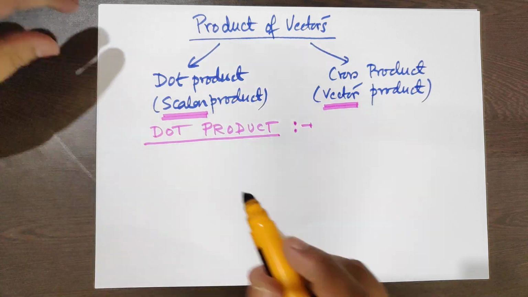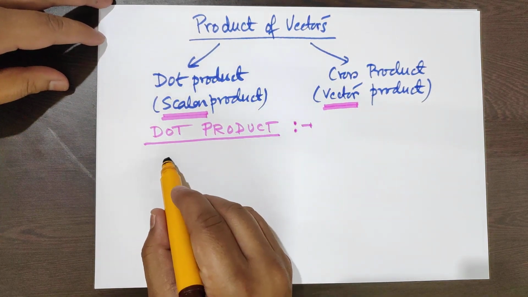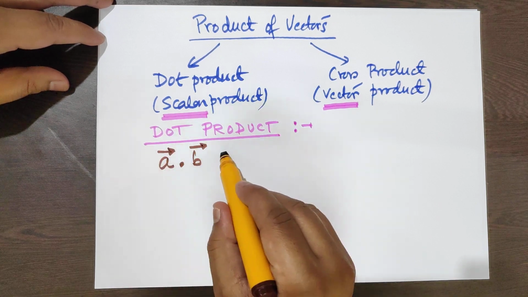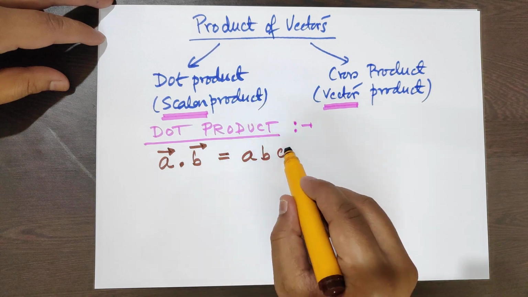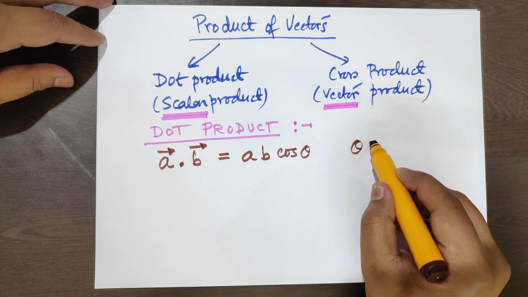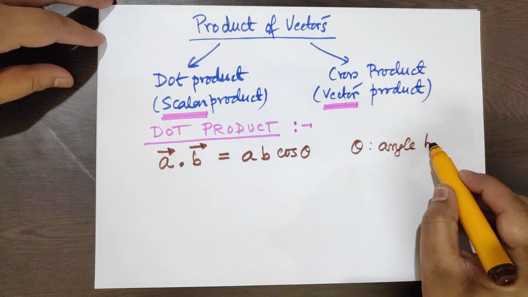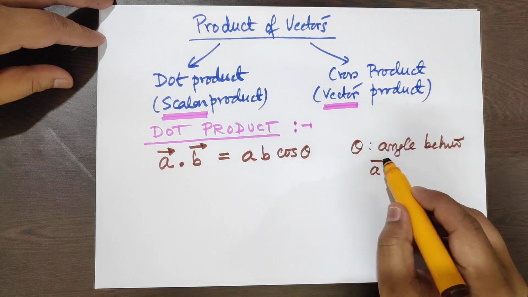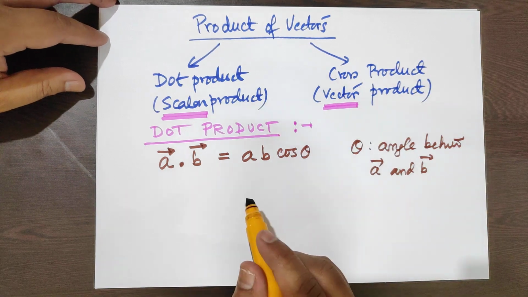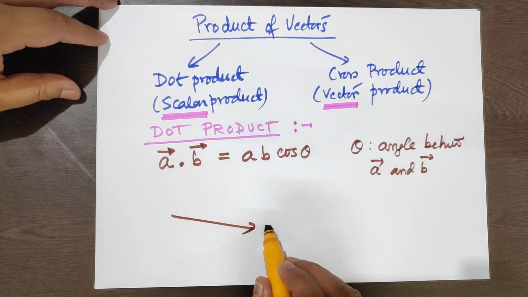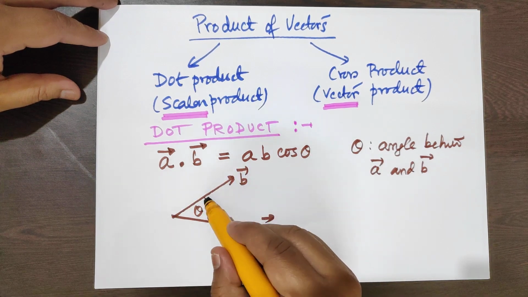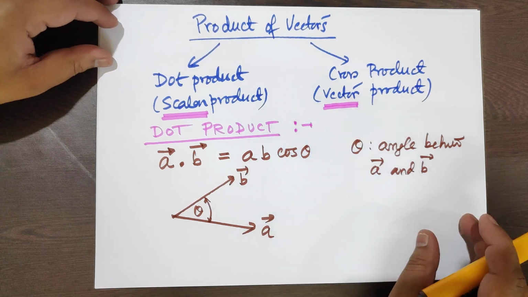The dot product is defined in this way: two vectors a dot b is defined as ab cos theta, where theta is the angle between the vectors a and b. Suppose these are two vectors a and b, the angle between the vectors is theta, so a dot b is equal to ab cos theta.